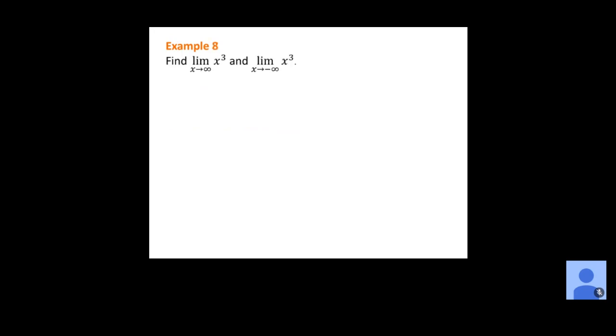All right. Example 8. We want to find our limit as x approaches infinity and negative infinity for the function x cubed. All right, so again, nothing we can really do to simplify this, right? x cubed is what it is.